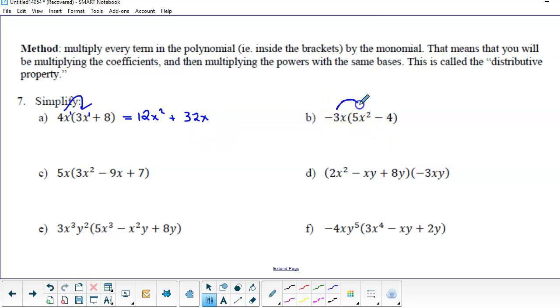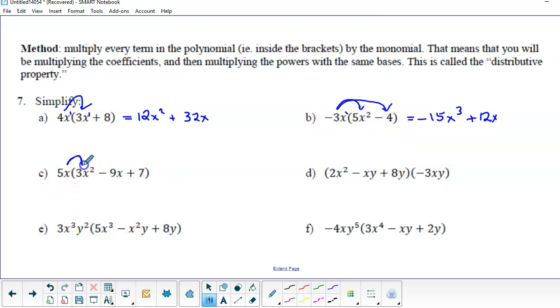Next one here, it's just negative, that's all. So negative 3 times 5 is negative 15. Remember that's x to the 1, so x to the 1 times x squared is x cubed. Then negative 3x times negative 4, so that'll be a positive, so a plus 12x.